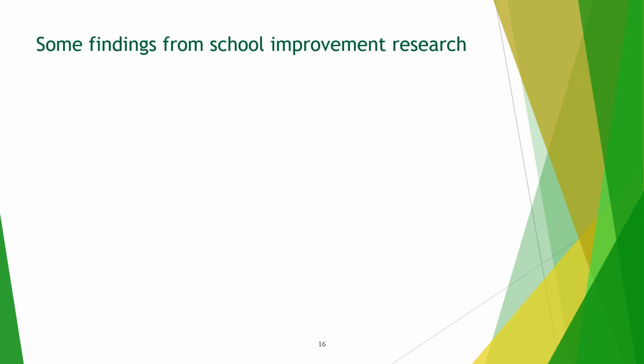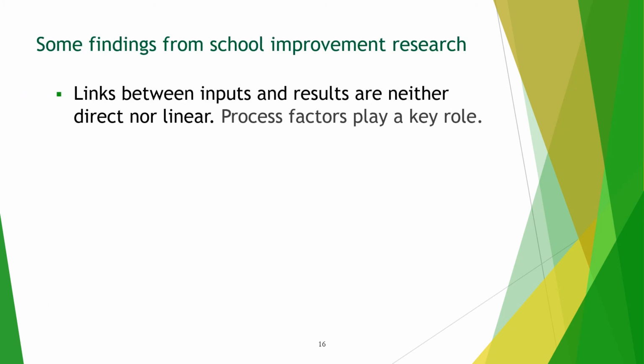So what are some of the conclusions we can draw from that? Firstly, the links between inputs and results are neither direct nor linear. We know that already, but it is good to emphasize it again: it is not because we put more inputs into a school that this will automatically lead to better learning.